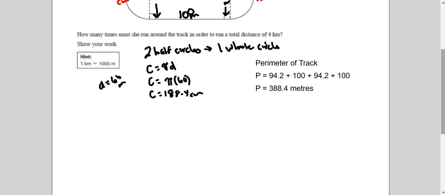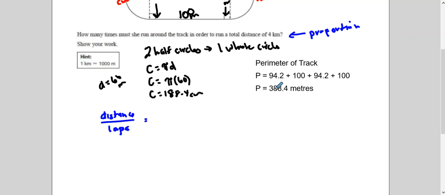So how many times must you run around the track in order to run a distance of 4 kilometers? Well, what that's saying here is this is actually called a proportion. Well, we've dealt with proportion from our previous learning. All right, so I can say compare the distance to the laps.